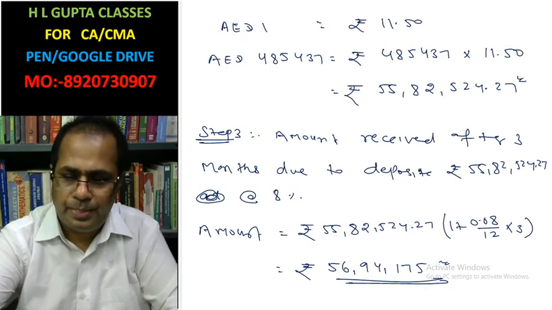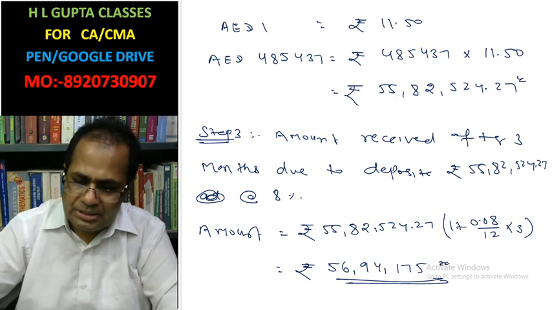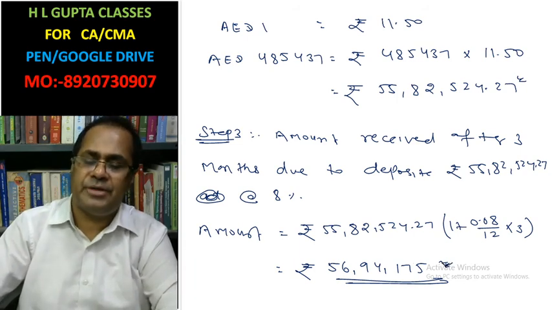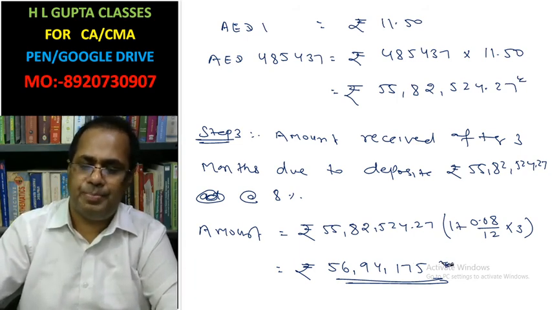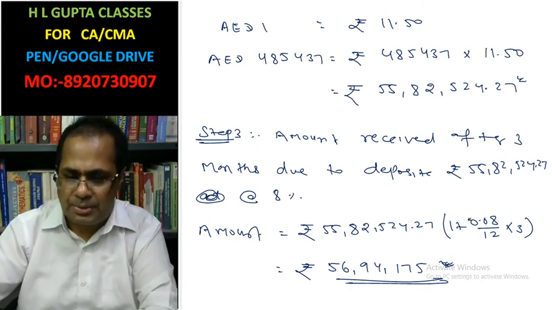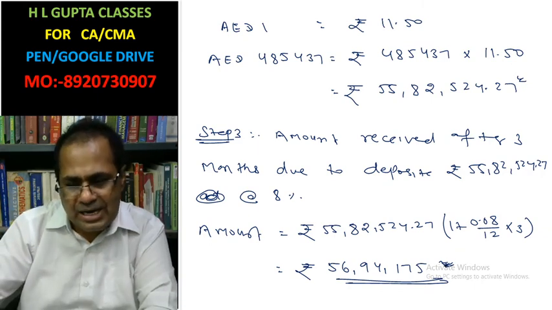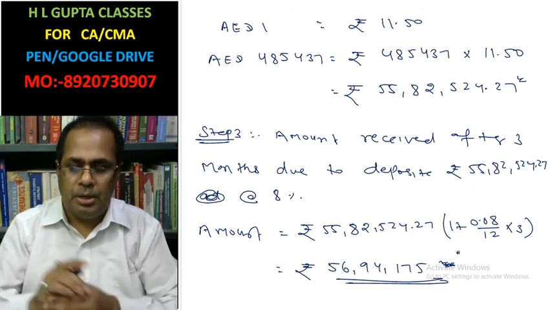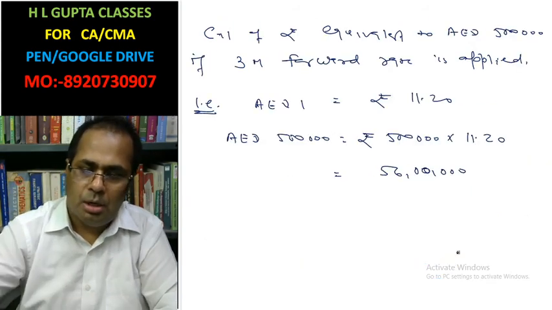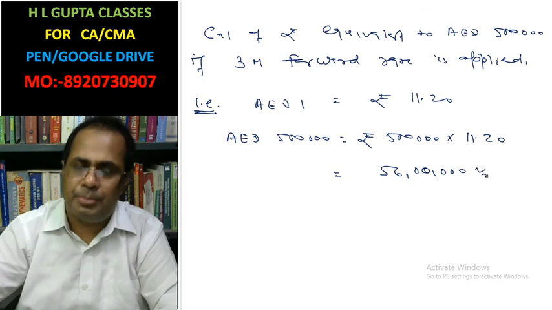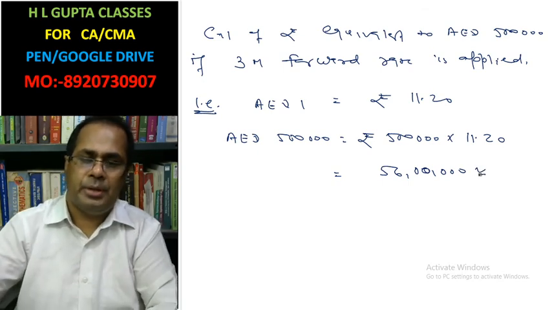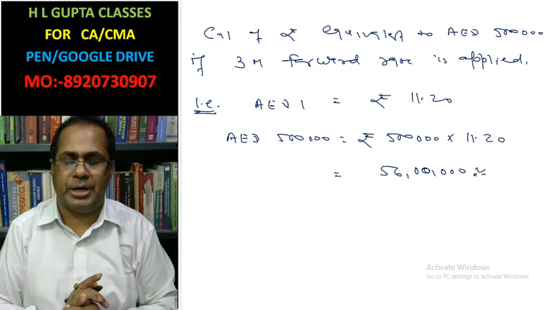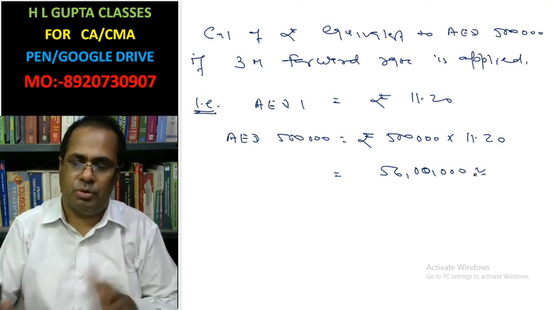Here, as per money market operation, you are receiving 56 lakh 94,175. But as per forward rate, you are receiving 56 lakh only. Then how much gain due to money market operation? You can calculate.